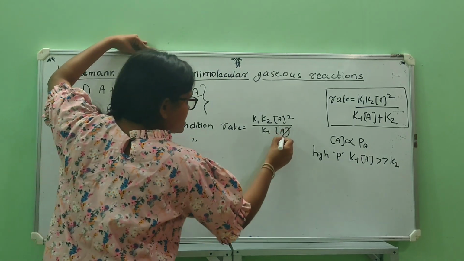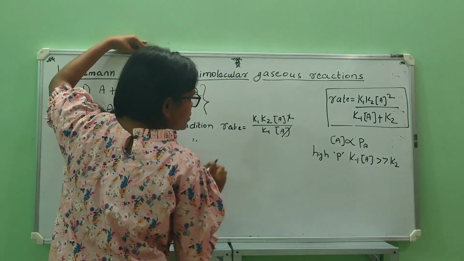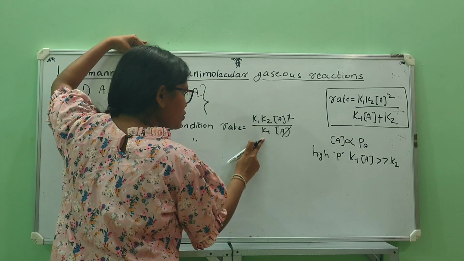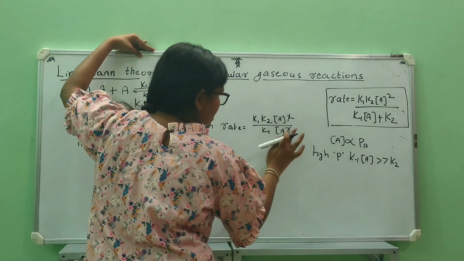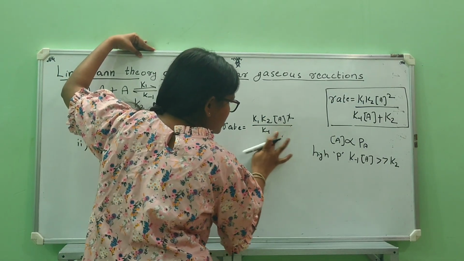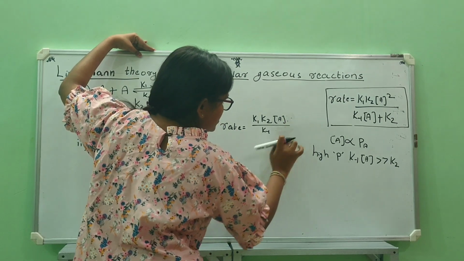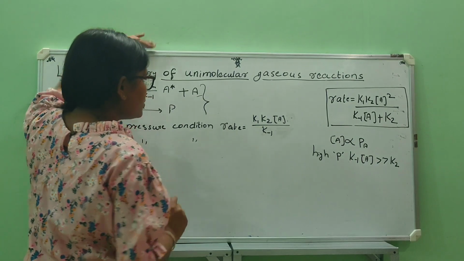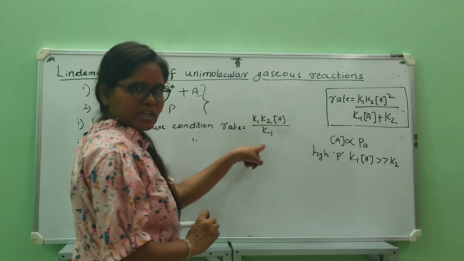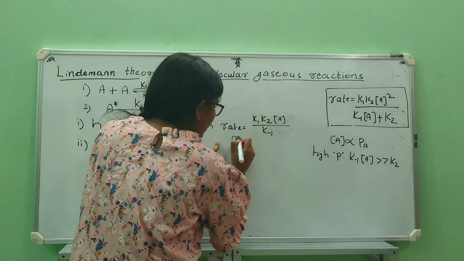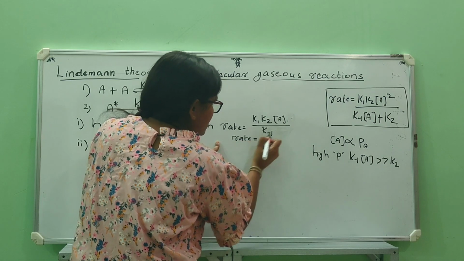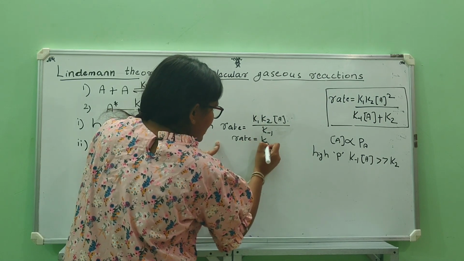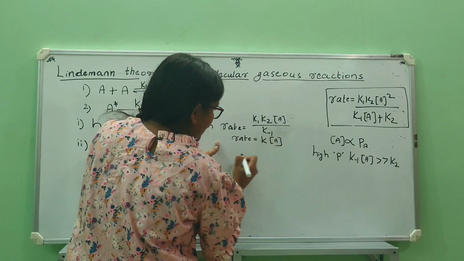So I can cancel this term A, and I am left with K1 into K2 by K minus 1 into A. So this is what we get. We see that K1, K2 and K minus 1 are constants, so I can write rate as some constant K into A, right?